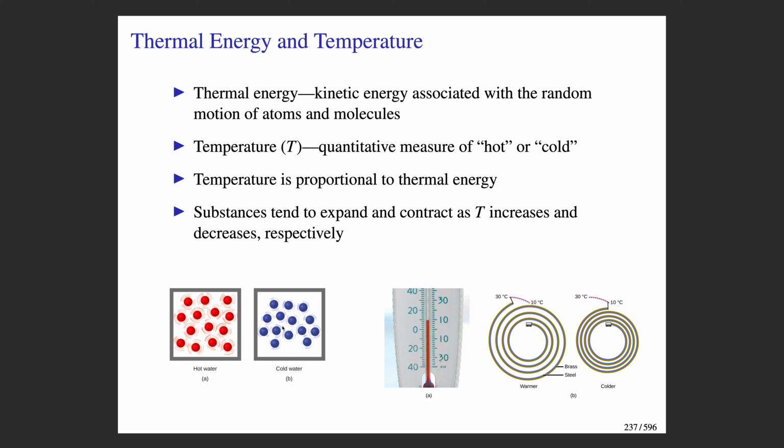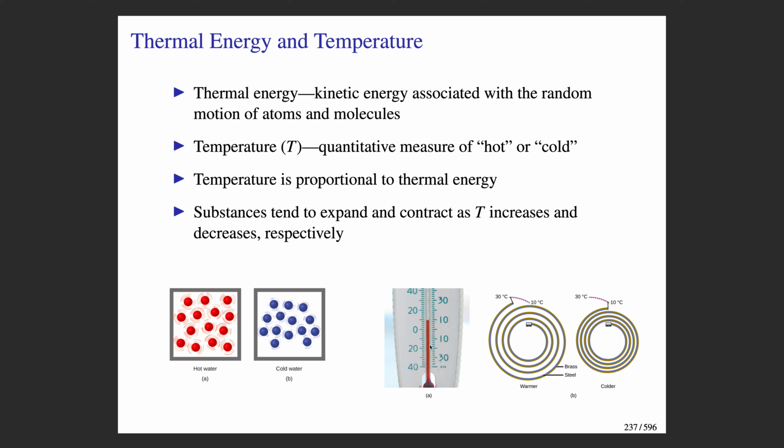Substances tend to expand and contract as their temperature changes, and that's the basis of thermometers. In fact, they expand and contract in a regular way with respect to their amount of thermal energy. So, for example, for a liquid in a thin capillary, its density decreases as you increase the temperature.